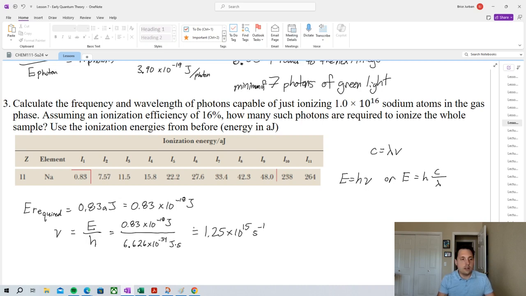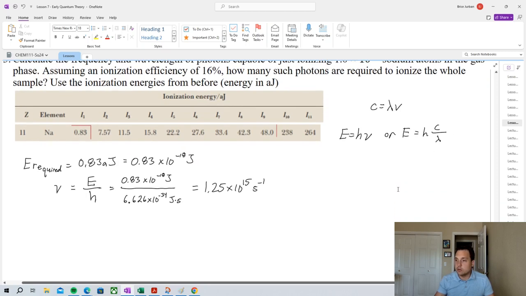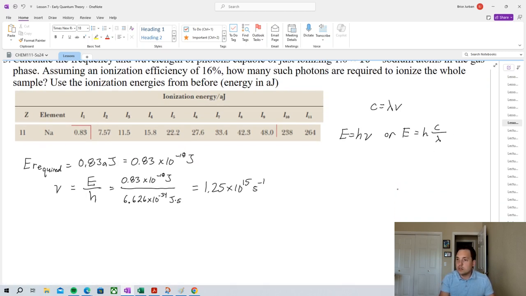And then the wavelength of this light can be determined just using this equation, or we can plug it into this one. Either way works. I'll do it this way. So wavelength is equal to the speed of light divided by the frequency.